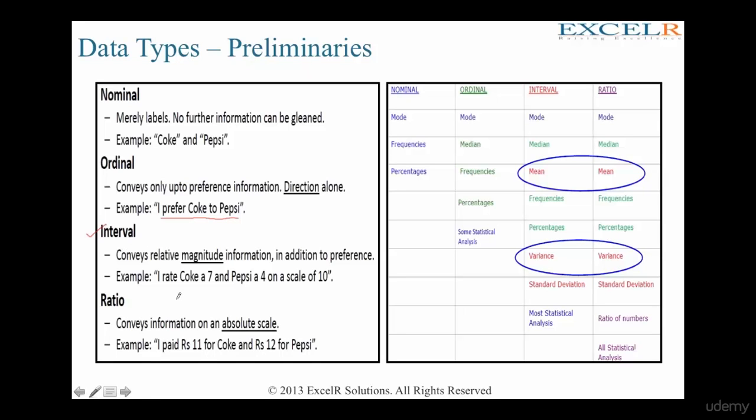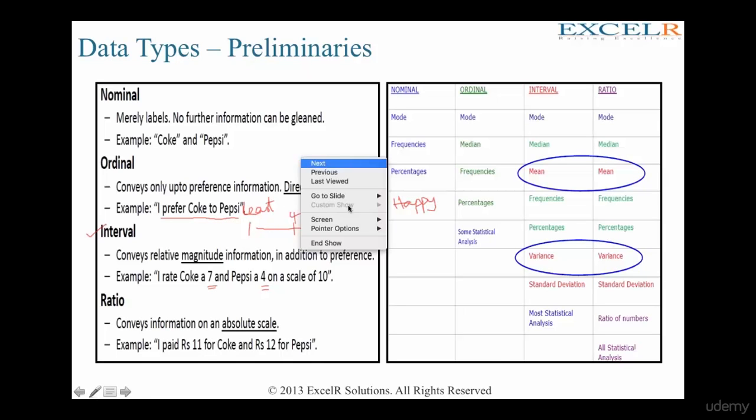And here, if you say you rate Coke a 7 and Pepsi a 4 on a scale of 1 to 10, 10 being most satisfied and 1 being least satisfied, this is giving some more information. It is not just telling what you like, but also how much you like.